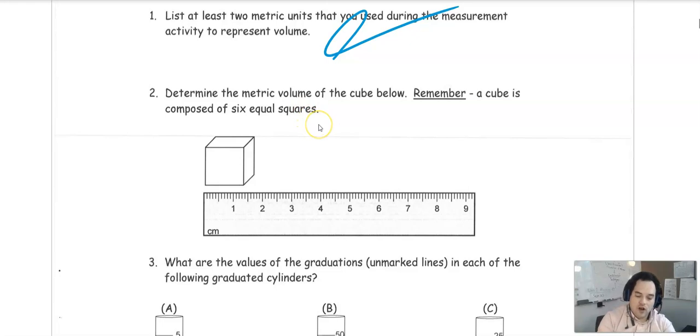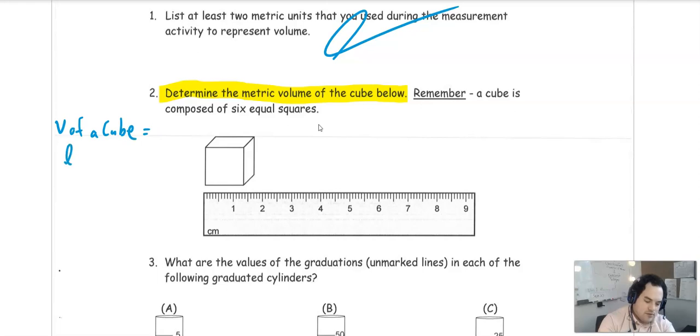Now, if you're going to find the volume of a cube, let's put it in highlight. Find the volume of the cube below. One thing you have to remember is that the volume of a cube, and V always equals volume, equals the length times the width times the height.